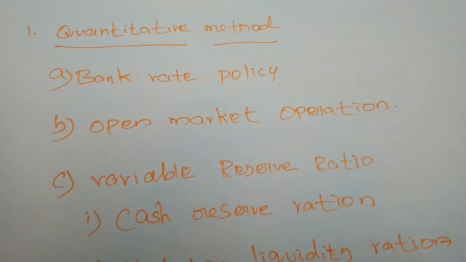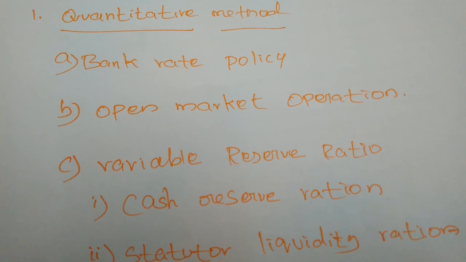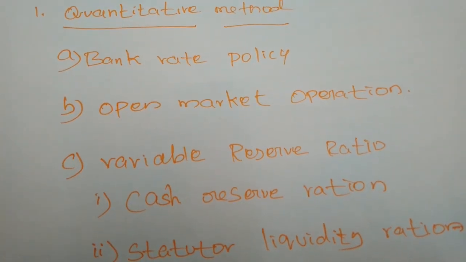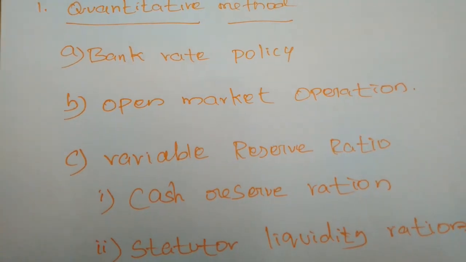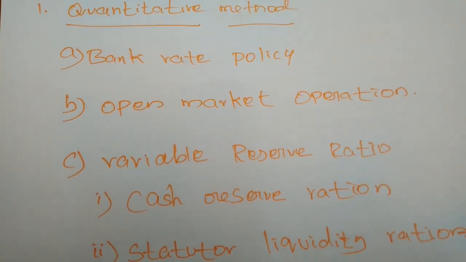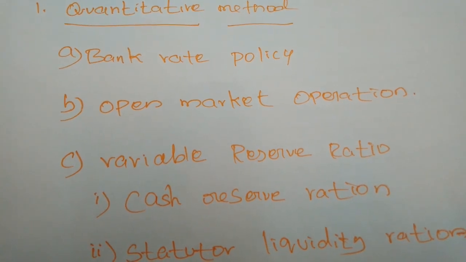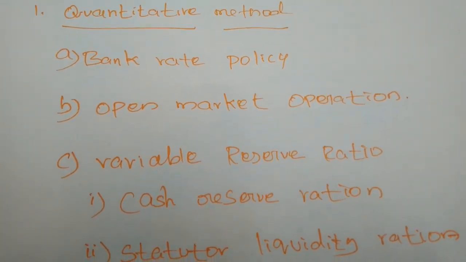Some securities of private organizations will also be sold by the Reserve Bank of India. When the banks and private individuals purchase these securities, they have to make payments for these securities to the central bank.